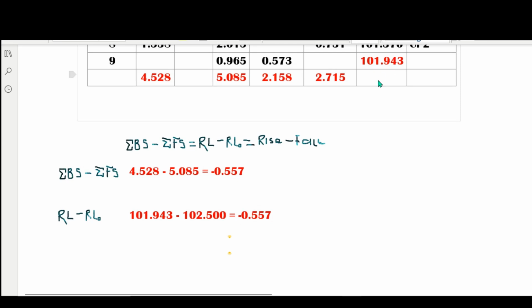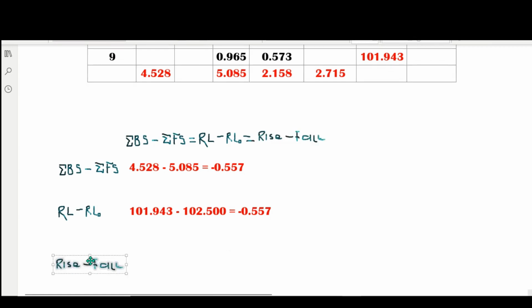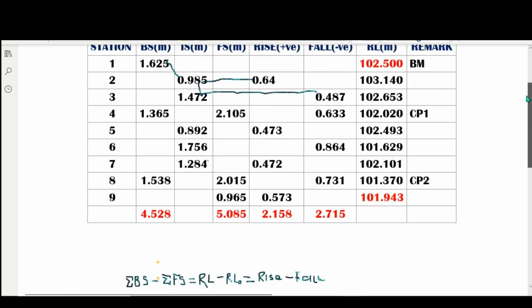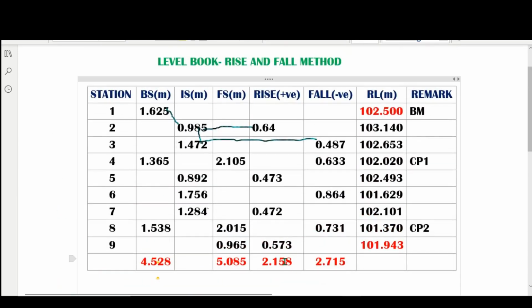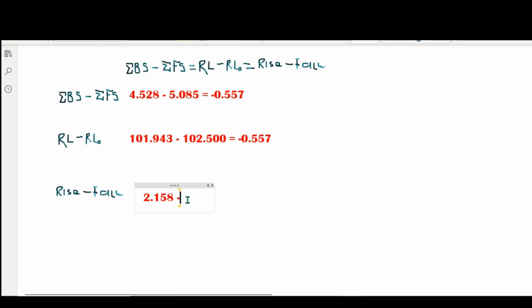Now let's get to this other one. You can see that we are making progress. Now this other one, rise minus 4. Where's the rise? The rise here is this one. The total rise is this one. The total fall is this one. So I'm copying this here. Rise minus what? 4, right?